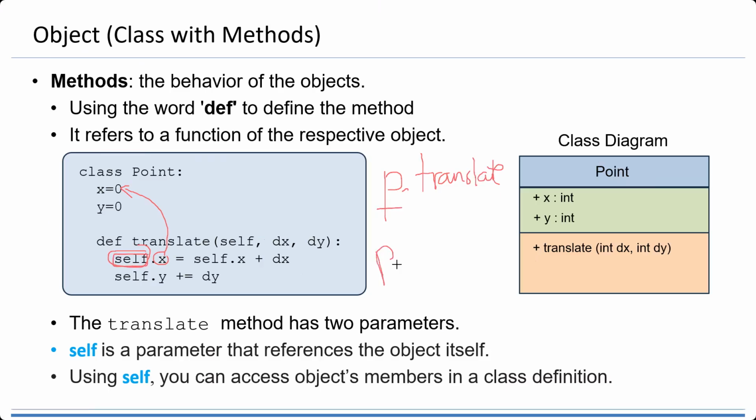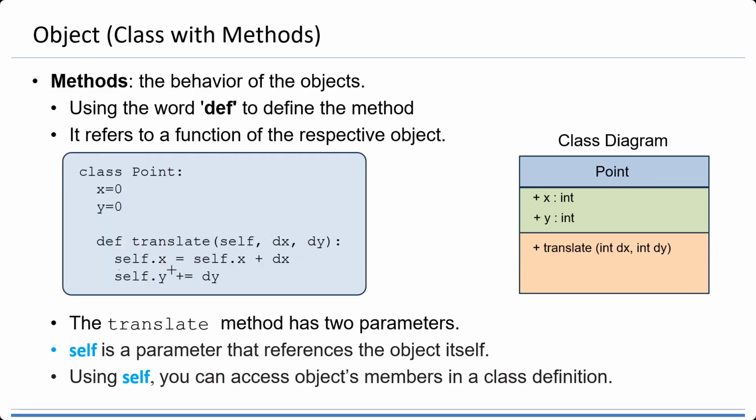If I use p1.translate, then I will know the value of x with regard to the object p1. Maybe p1.x is 4, and if p is 5, then it is different. Different objects will have different values.